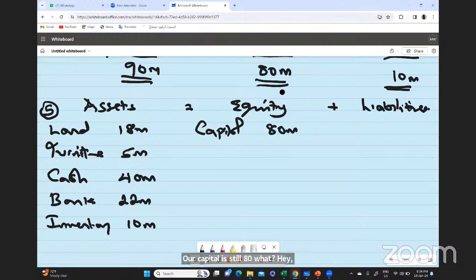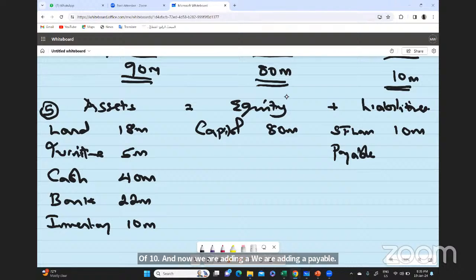80 million. Then we still have our short-term loan of 10. And now we are adding a payable, not so? We are adding a payable in Ling Ling of how much? Of 5 million.